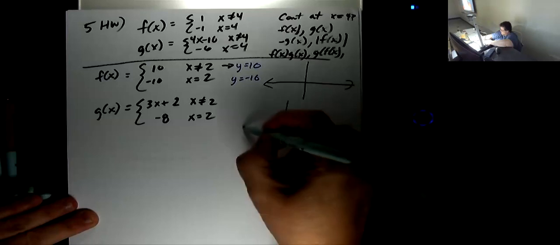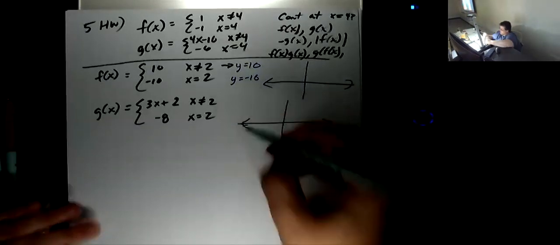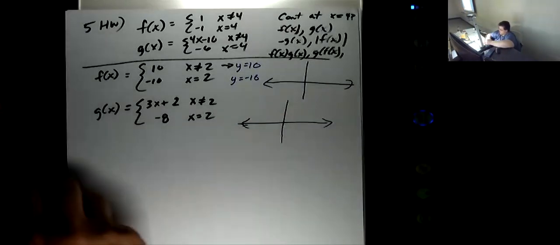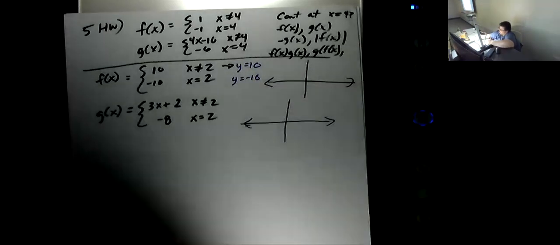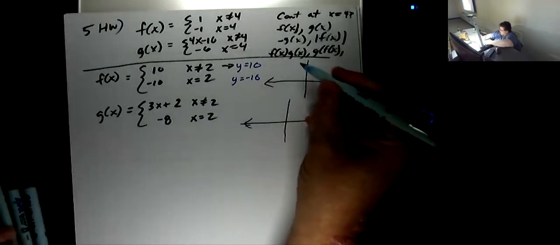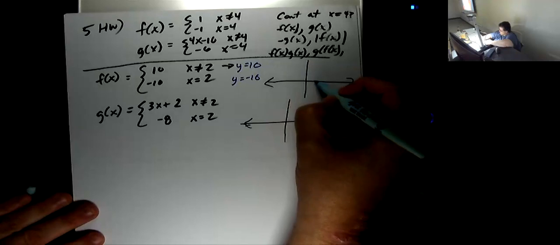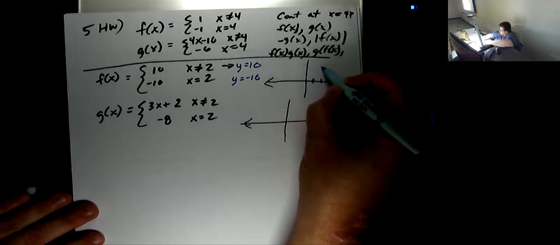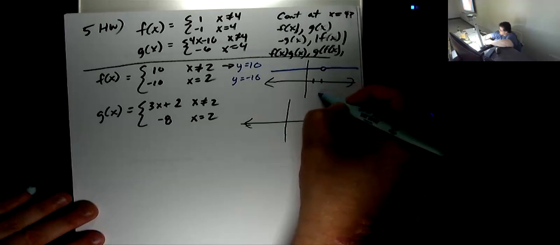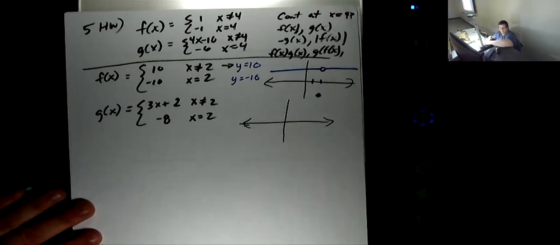I'll set up a graph for both of them real quick. y equals 10, except when x equals 2. I'll put a hole there. That's that graph.